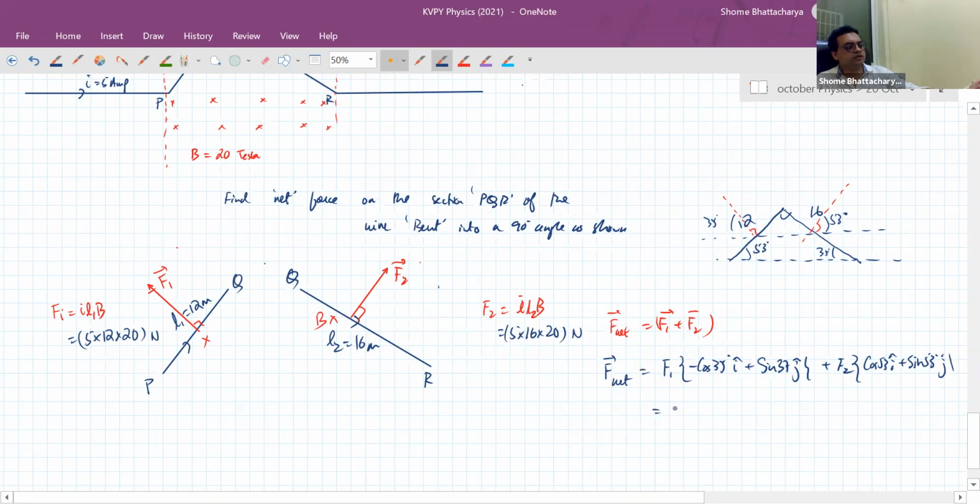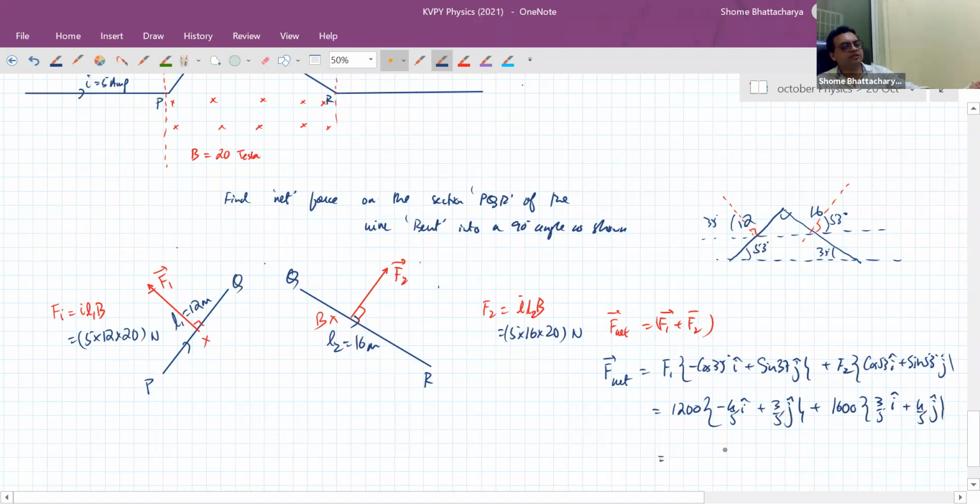You can write this as 1200 into minus 4 by 5 i cap plus 3 by 5 j cap, and this will simply become 1600 into 3 by 5 i cap plus 4 by 5 j cap.